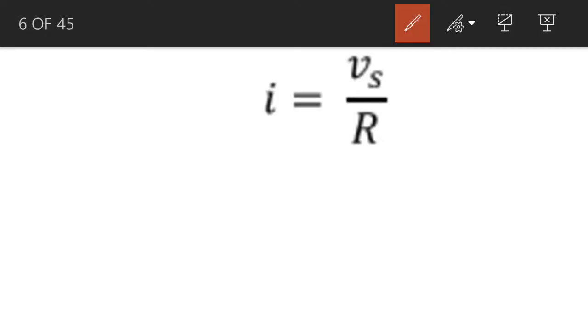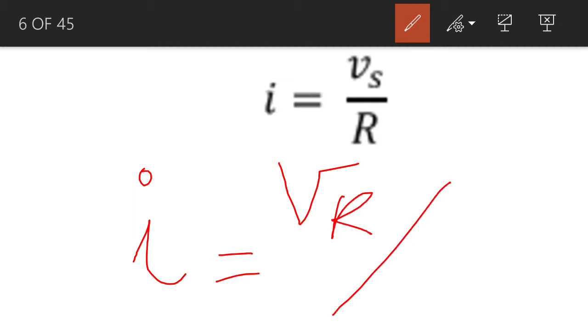We know that the current in the resistor will be equal to voltage across the resistor divided by resistance of the resistor.